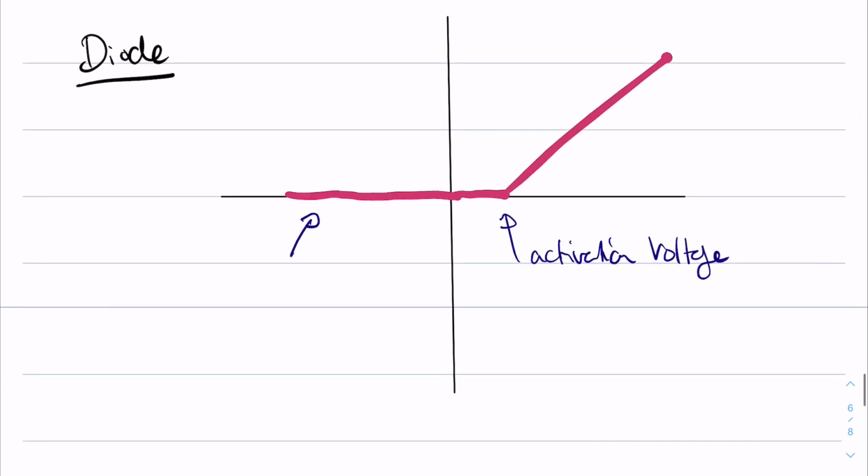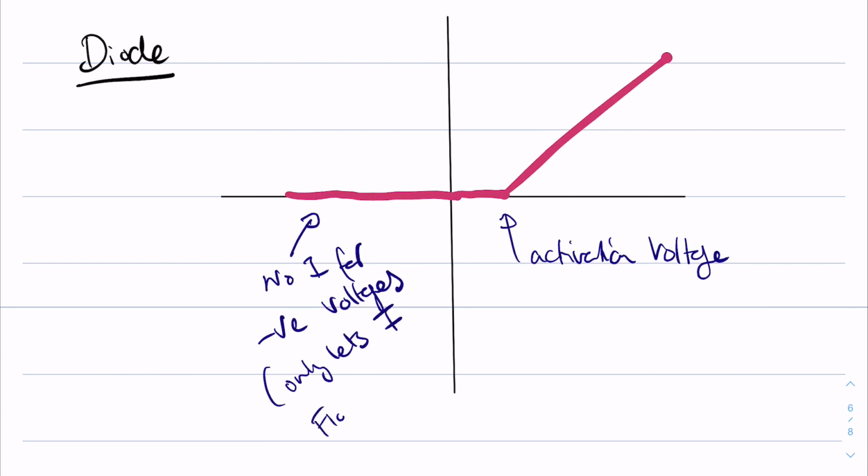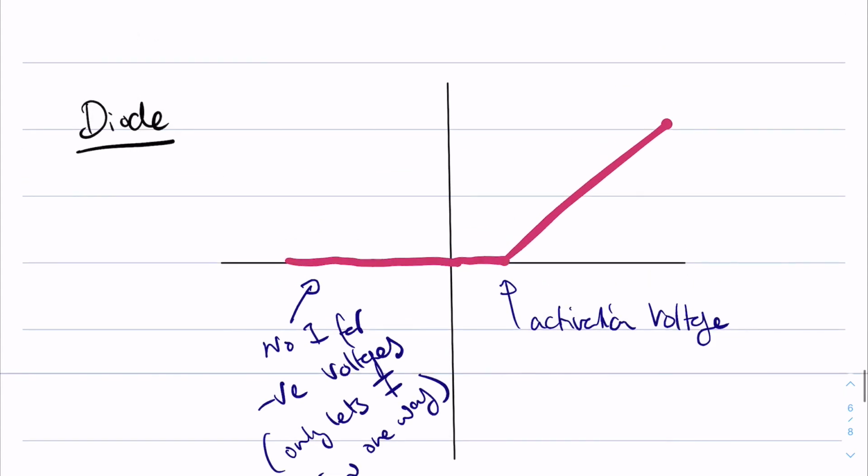No current for negative voltages, no I for negative voltages, as in, it only lets current I flow one way, and then after the activation voltage it's linear.